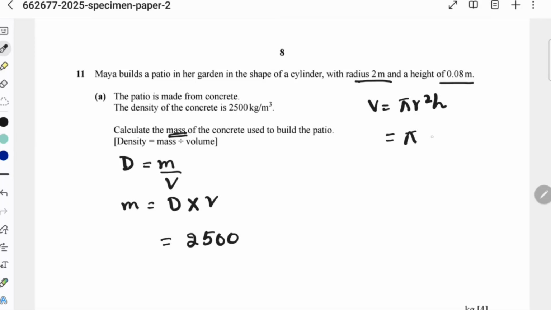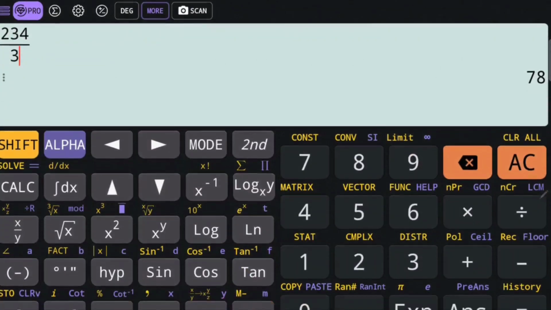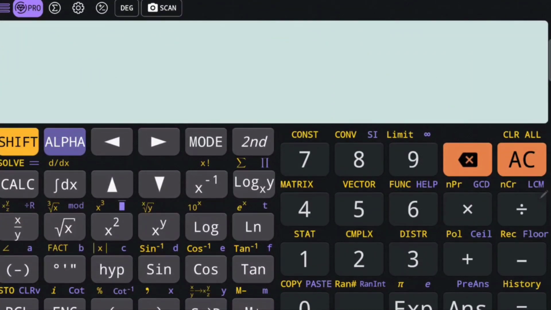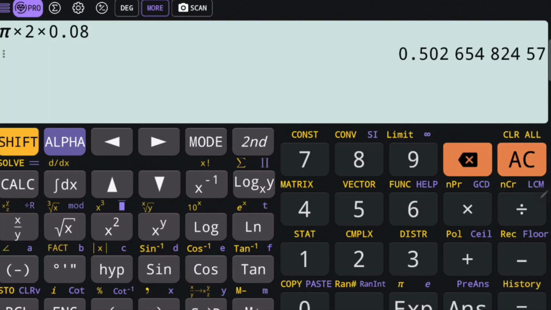Alright, so this is pi times 2 into 0.08. You can use the pi value from the calculator. So shift and then pi times 2 times 0.08, which is 0.5026.